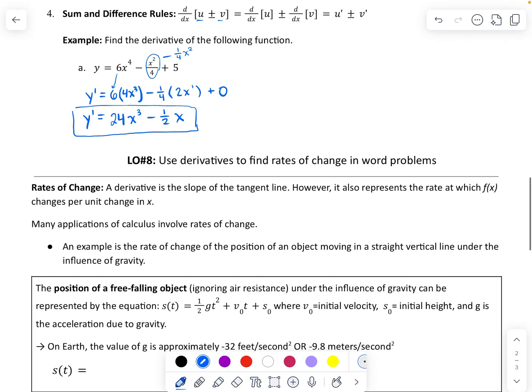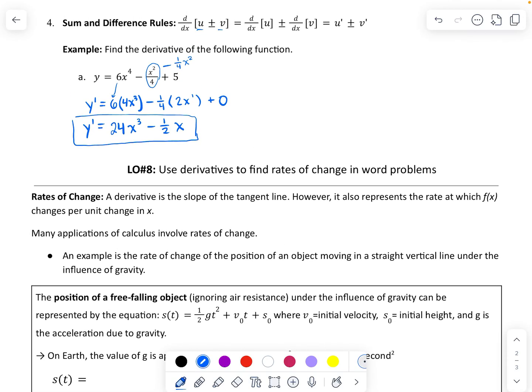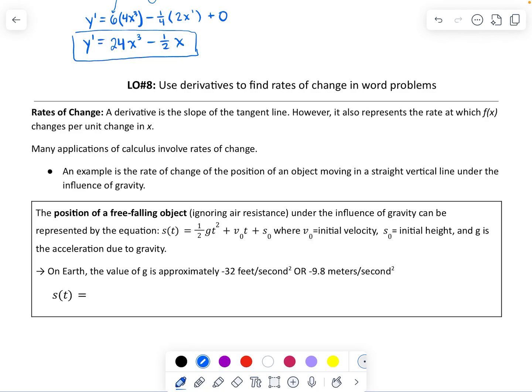So that is the main goal of today, to be able to find some pretty simple derivatives of polynomial functions, also derivative of sine and cosine. Okay, so we will often use derivatives to find rates of change in word problems.